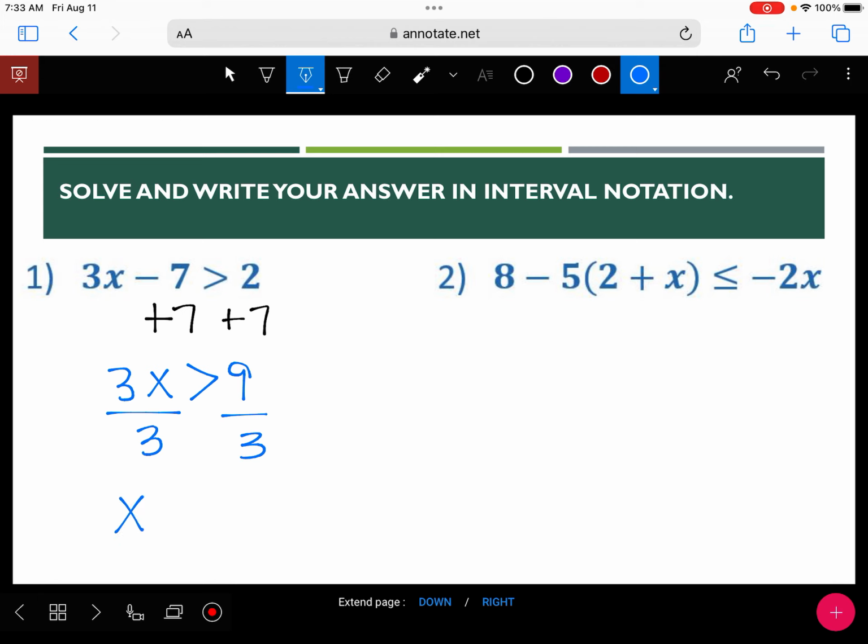So this would be x is greater than 3. Which means in interval notation, it would be 3 to infinity. And this is how, when you take your test, and in your homework, this is homework 3 now, you want to make sure you write your answers in interval notation.